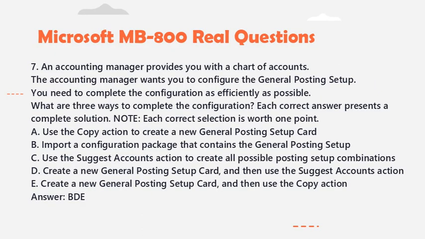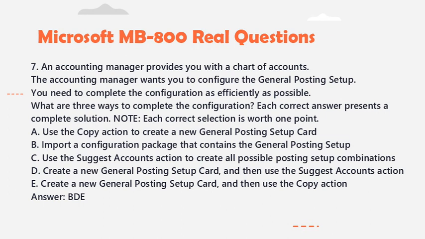7. An accounting manager provides you with a chart of accounts. The accounting manager wants you to configure the general posting setup. You need to complete the configuration as efficiently as possible. What are 3 ways to complete the configuration? Each correct answer presents a complete solution. Note: each correct selection is worth 1 point. A. Use the Copy action to create a new general posting setup card.